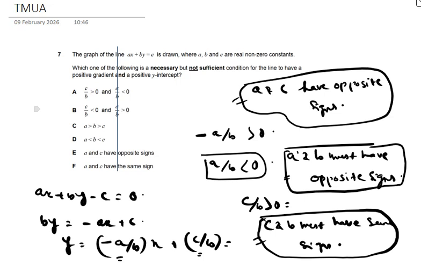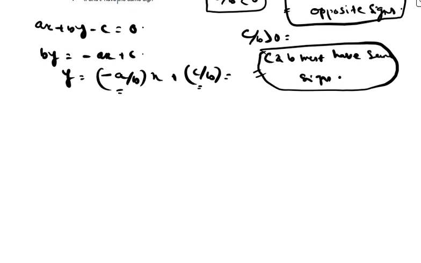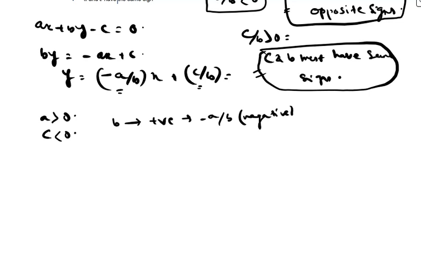But is this sufficient? Let's test. Suppose a > 0, c < 0. But what about b? If b is positive, slope -a/b is negative.